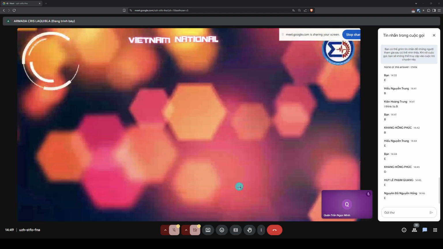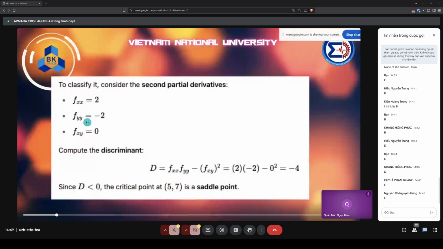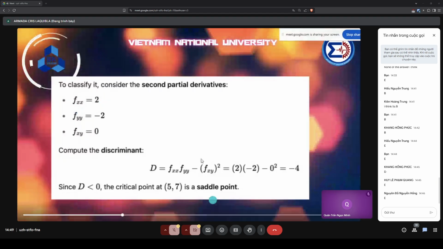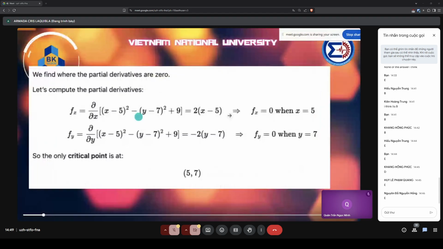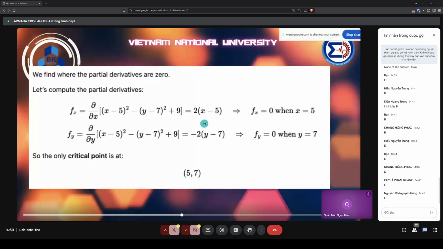Next, to determine the saddle point, you use the second partial derivative test, right? Fxx is 2. From here, your fx is 2x minus 5, or 2x minus 10 if you distribute the 2. Here we have negative 2y plus 14. So the derivative of your fx, which is 2x, is 2.